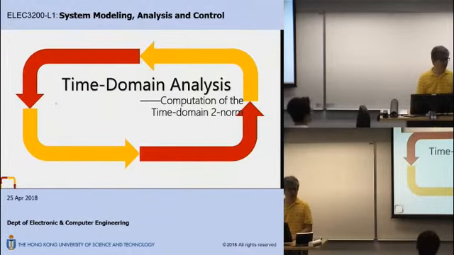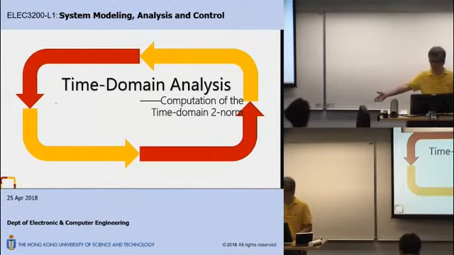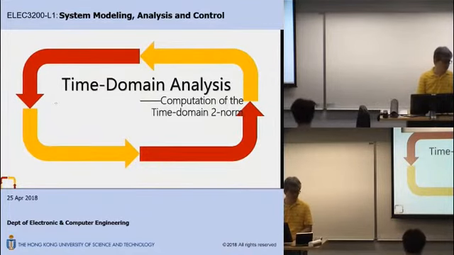So in the last lecture, we talked about the norms of a signal, norms of a system. Norms of a system are simply the norms of the impulse response, so eventually it turns into the norms of a signal.